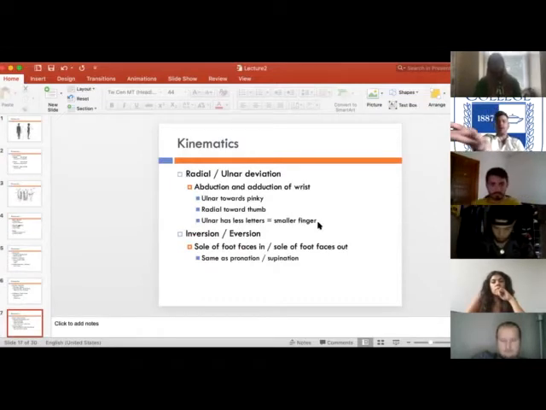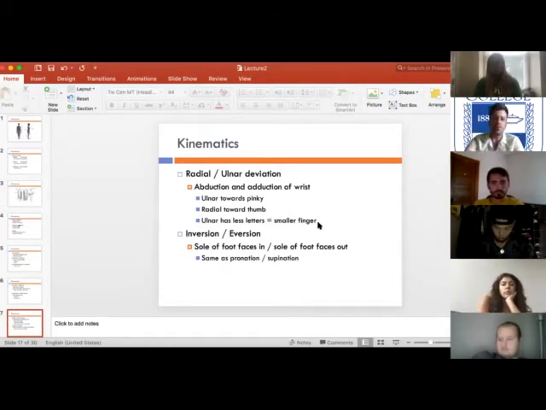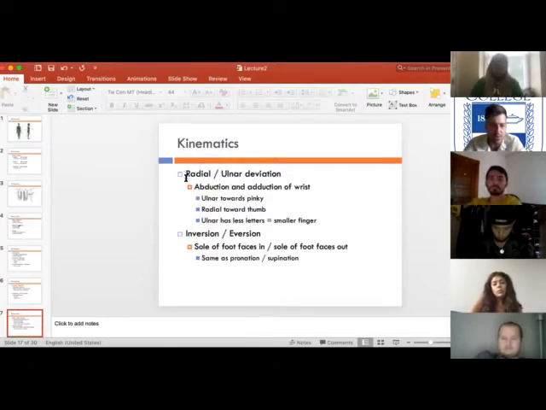So then we have radial and ulnar deviation. That's when you have your hand like this and you flip your hand over. Right now your radius and your ulna are both right next to each other, and as I flip my hand over, they crisscross over each other. That's when you internally and externally rotate your wrist. An easy way to remember the radial side versus the ulnar side is radius has 1, 2, 3, 4, 5, 6 letters in it, and ulnar has 1, 2, 3, 4, 5 letters in it.